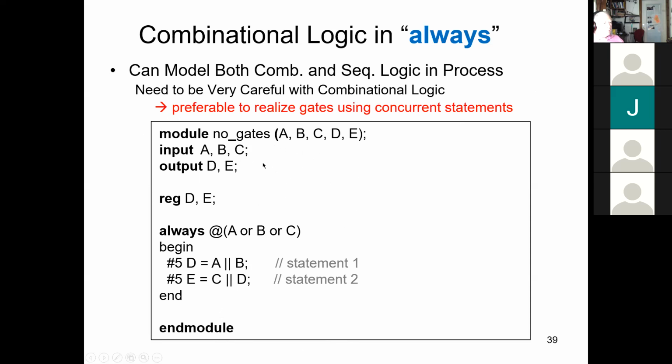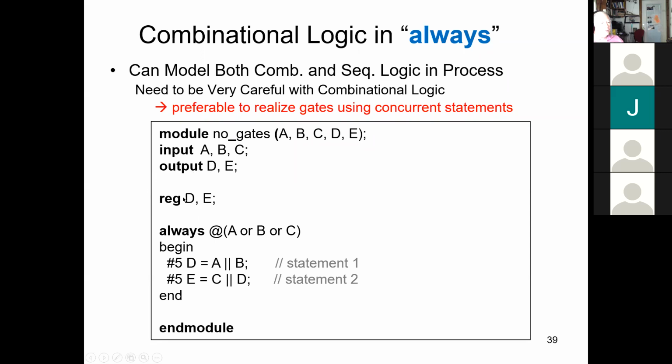So here we have a module called no gates. We have these variables, A, B, C are inputs, D and E are outputs. And now notice here, we could have put register input or register output for D and E, but we didn't put it up here, but we can put it down here.